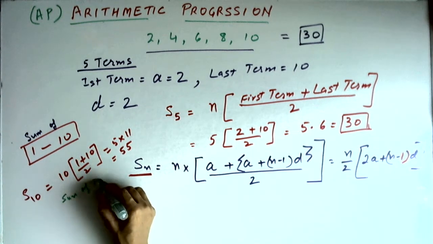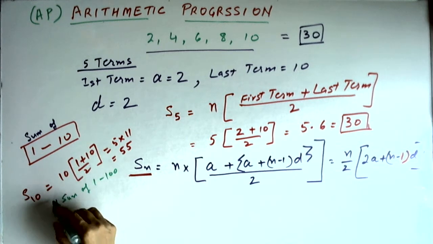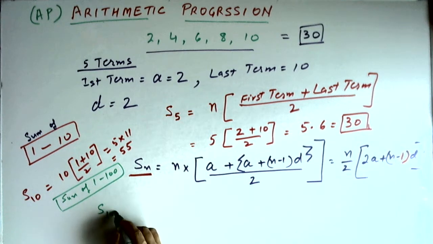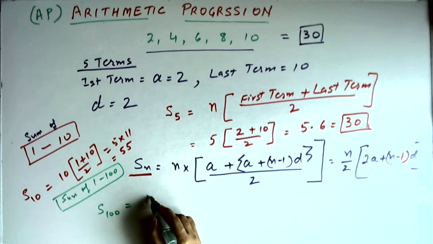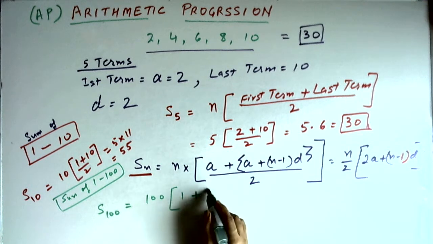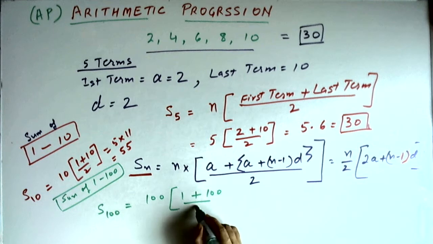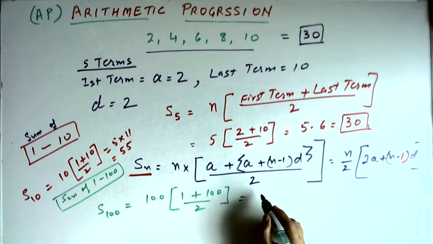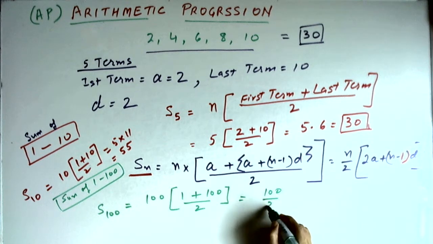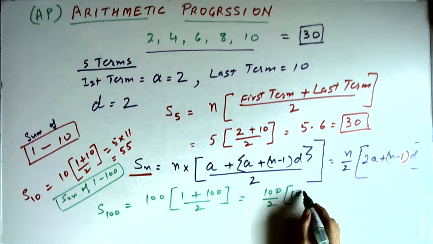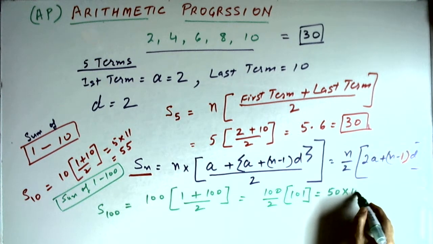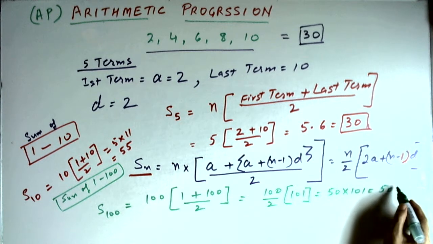So we can apply the knowledge of AP, and we will say S100 equal to 100 into the first term, which is 1, plus the last term, which is 100, divided by 2. So this will become 100 by 2 into 101, and this is 50 into 101.